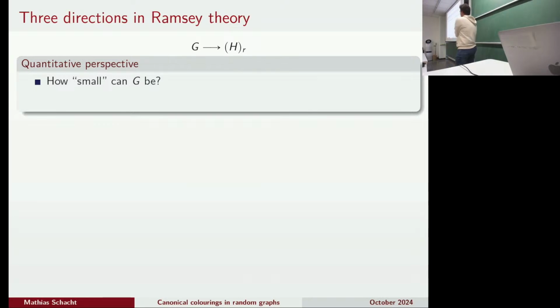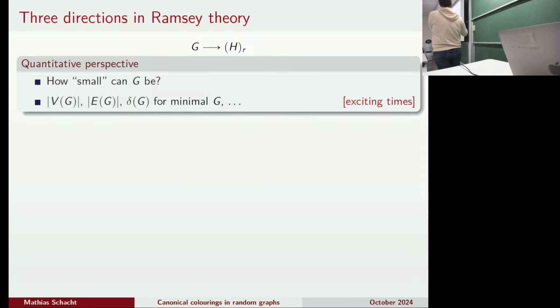If you ask for the number of vertices, then you immediately get Ramsey numbers. And of course there were a few breakthroughs last year, so in some sense we are living in exciting times after a long, very slow progress. There was big progress last year for different Ramsey number questions.